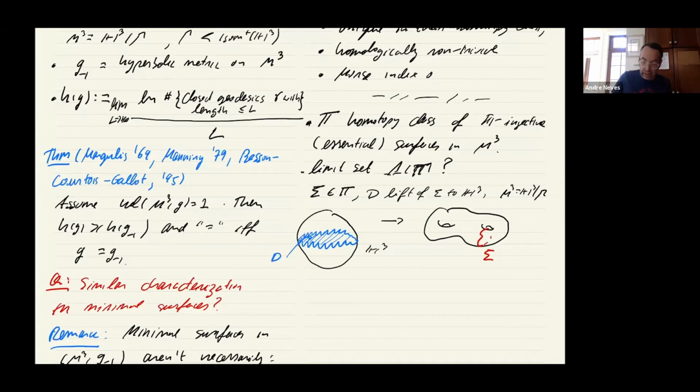So the limit set is by definition the intersection of the closure of D with the boundary at infinity of the hyperbolic model. So it's intersecting this disk with the boundary of H3, which can be identified with the two-sphere. So the limit set is going to be this curve here. This is the limit set.